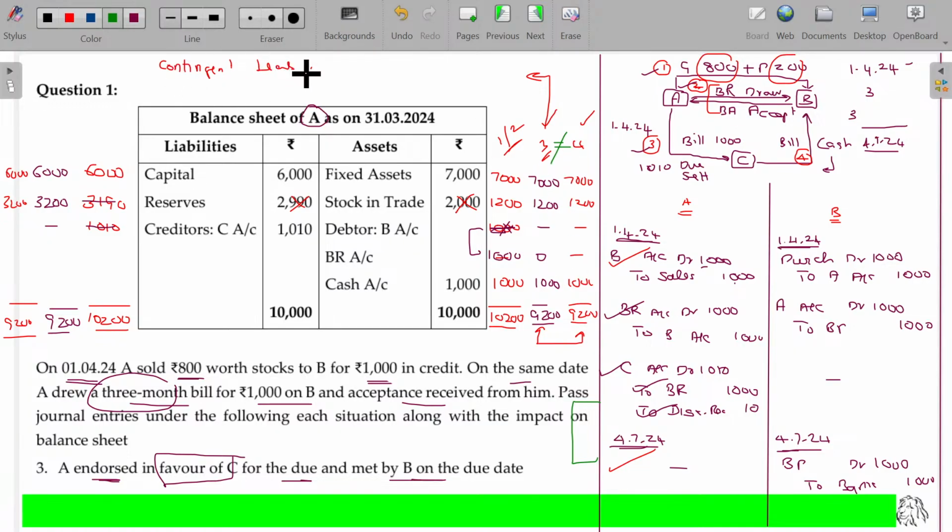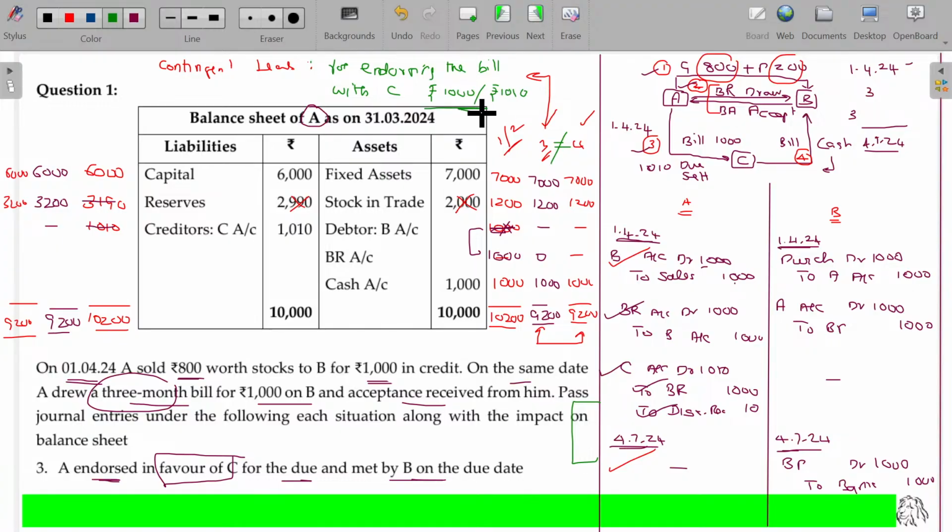So here, contingent liability is there for endorsing the bill with C, rupees 1,000 and 1,010.